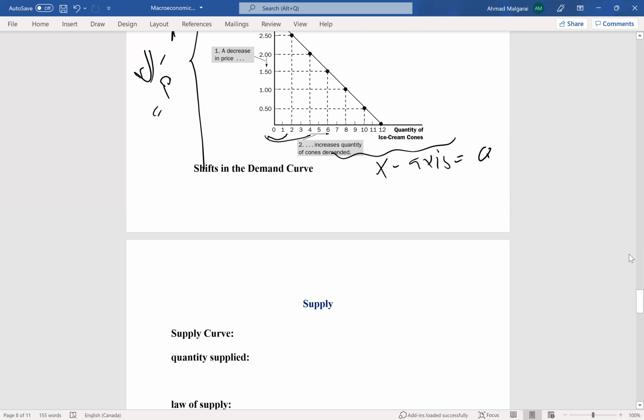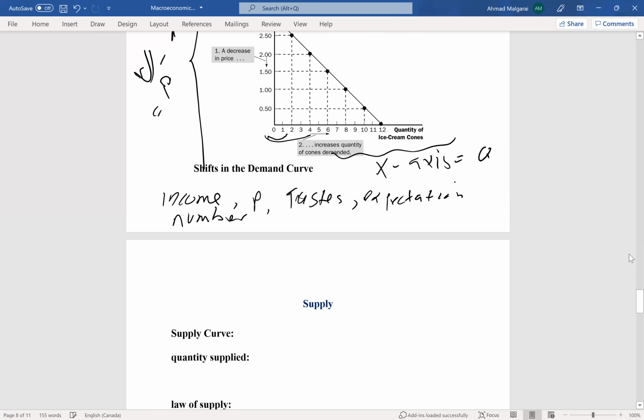Namely, we can say the income, the price of the related good, tastes, expectations, and also the number of buyers.